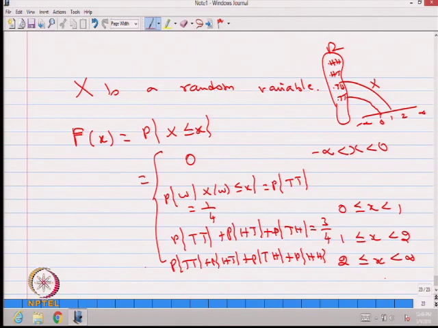So, 1 by 4 plus 1 by 4 plus 1 by 4 plus 1 by 4, therefore, this is going to be 1. So, the CDF is 0 between minus infinity to 0. The CDF value is 1 by 4 between 0 to 1, and 3 by 4 between the interval 1 to 2, and 1 between the interval 2 to infinity.